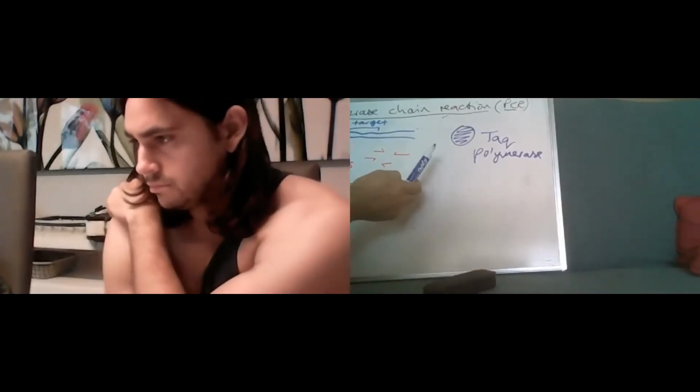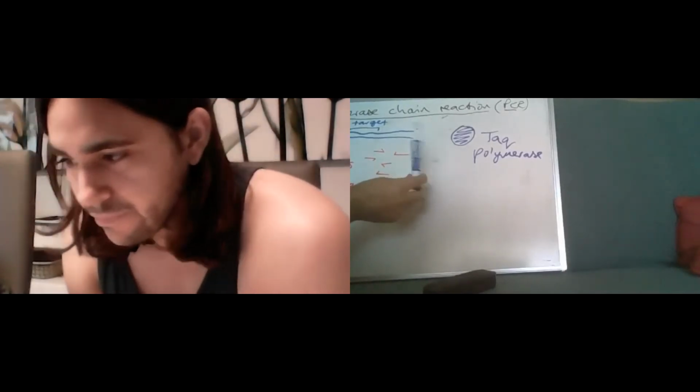Now, if I told you it stands for Thermus aquaticus, which is the name of the bacterial species it was isolated from, what kind of environment do you think Thermus aquaticus lives in? The deep sea. The sea, yes. Not quite right on the deep part though.